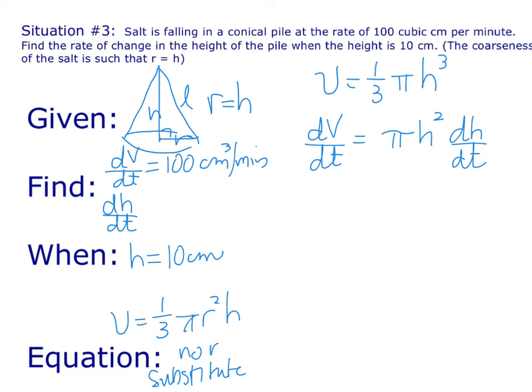Okay, so now we substitute what we have, the volume, right? The volume is changing at 100 cubic centimeters per minute, pi h squared, so this will be 10 squared, and then dh/dt is what we're solving for.